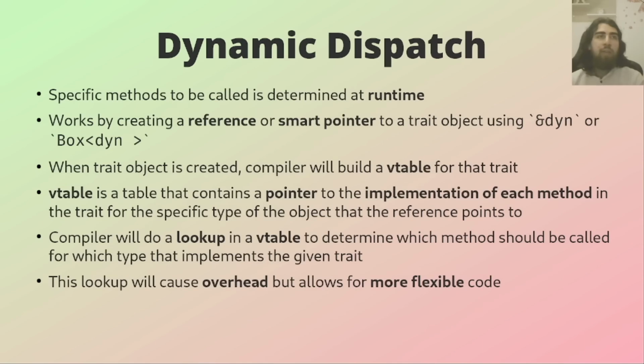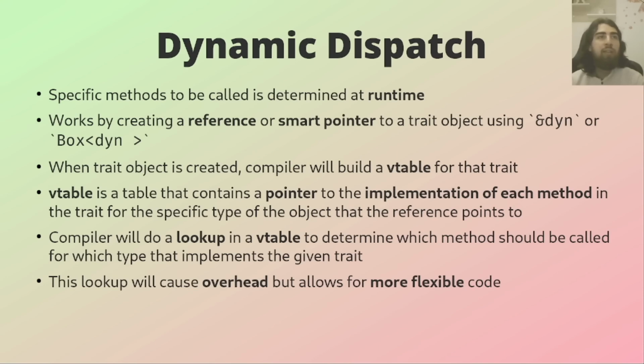So let's see dynamic dispatch. In dynamic dispatch, the specific method to be called is determined at runtime and not at compile time like static dispatch. It works by creating a reference or smart pointer to a trait object using &dyn or Box<dyn>. When a trait object is created, the compiler will build a vtable for that trait.